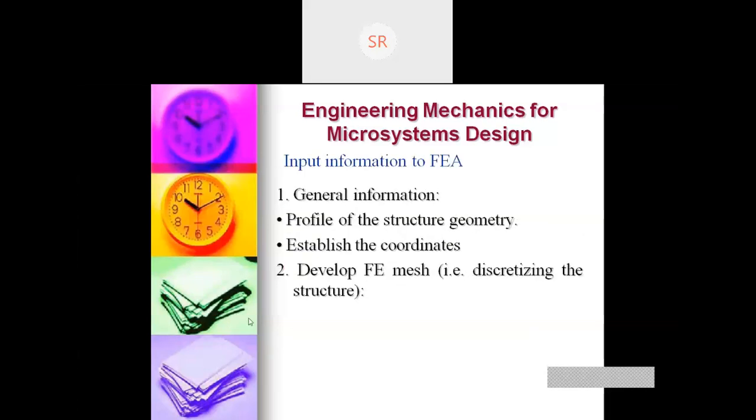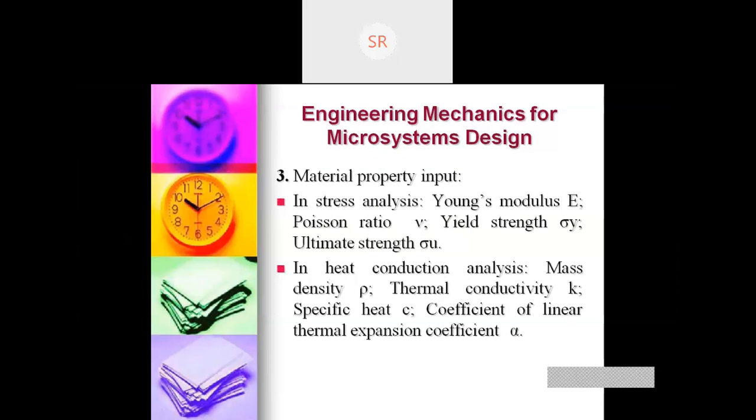So the first step in the FEM analysis is to give the general information, like the structure geometry, then establishing the coordinates. Second is discretizing the structure, that means breaking the structure into small elements, then giving the material property.